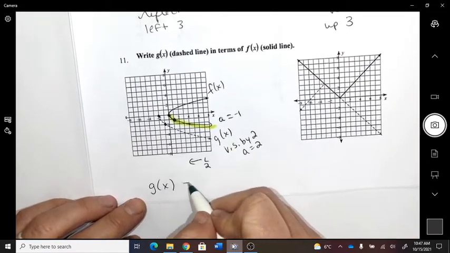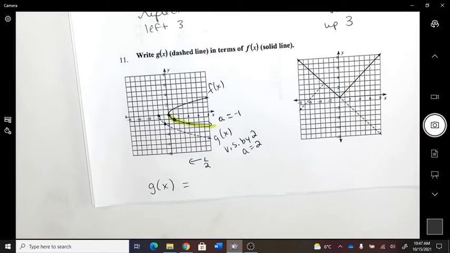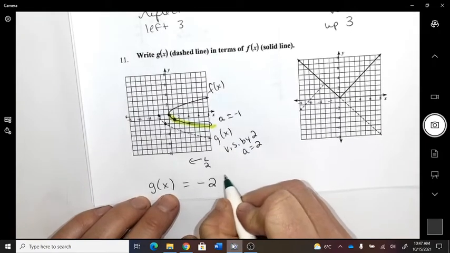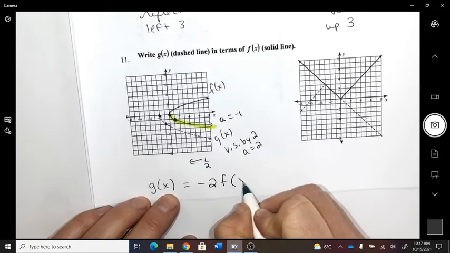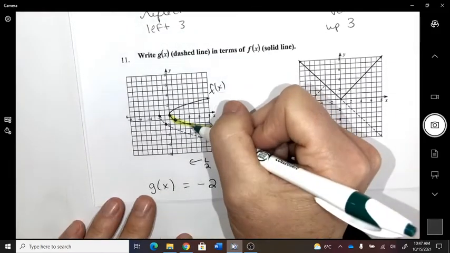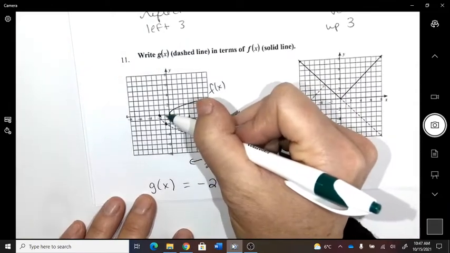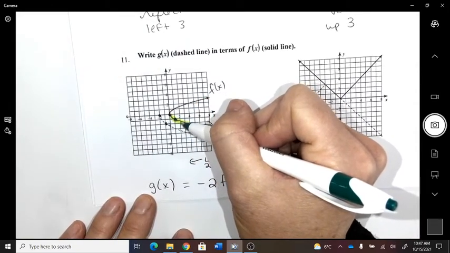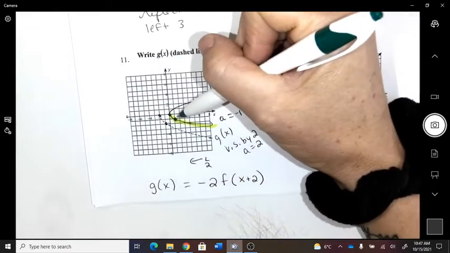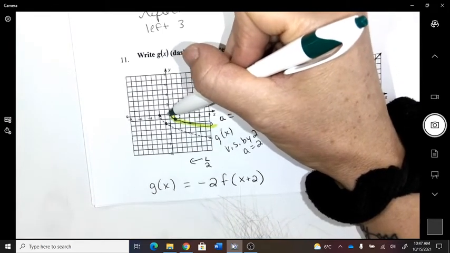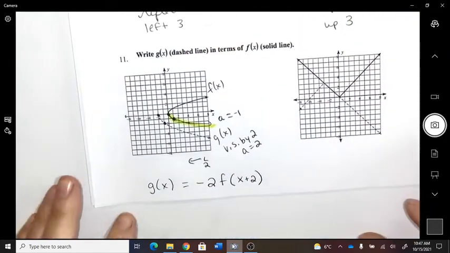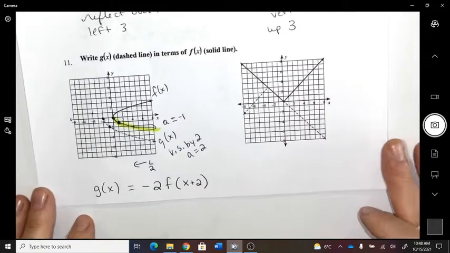Okay, so g of x equals the f of x with all of those things that have happened. Okay, next one.